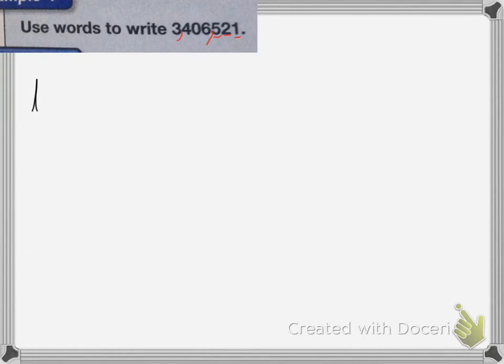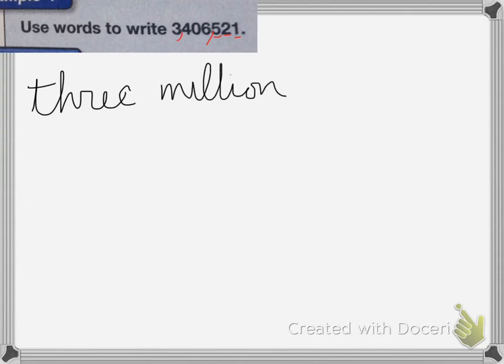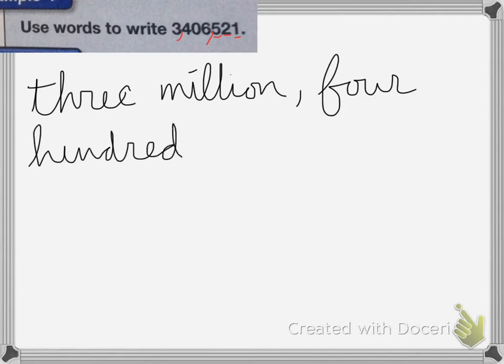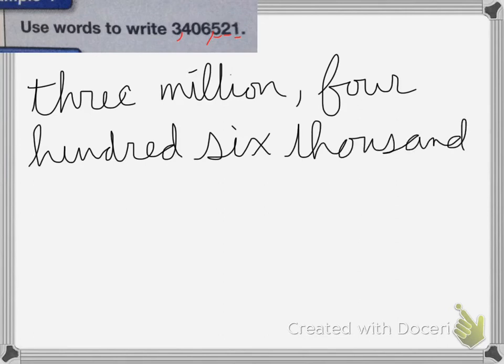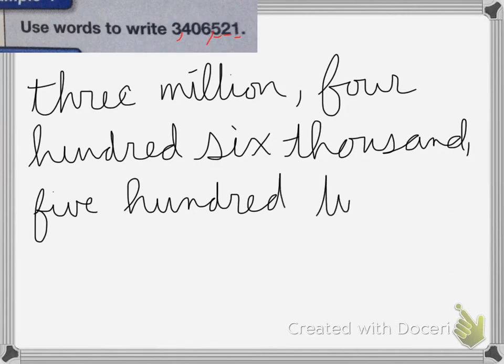Now I'm going to write it in words: 3 million, comma, 400, 6,000, comma, 521. And that would be my answer.